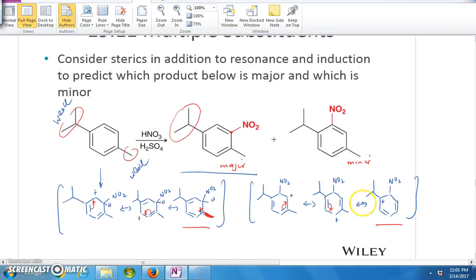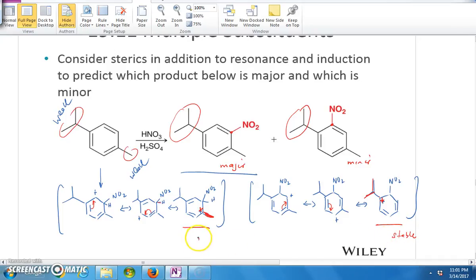Now if the nitro group were to add to the ortho position of this isopropyl group, then you can see that the positive charge resides on the carbon that is connected to the isopropyl group. And this is pretty stable.